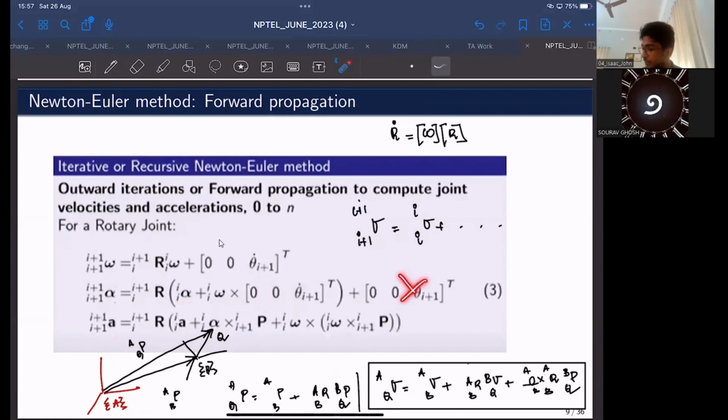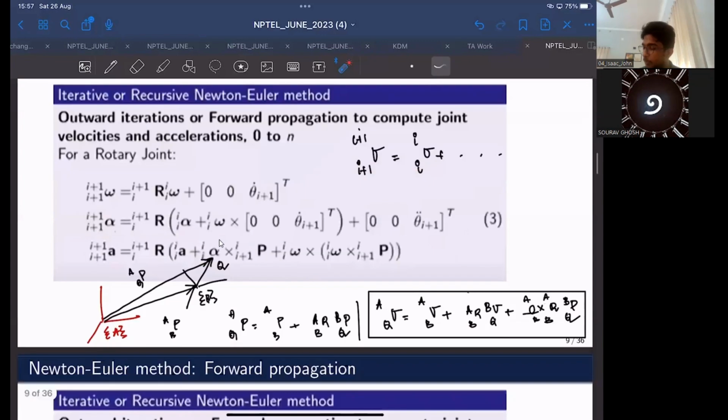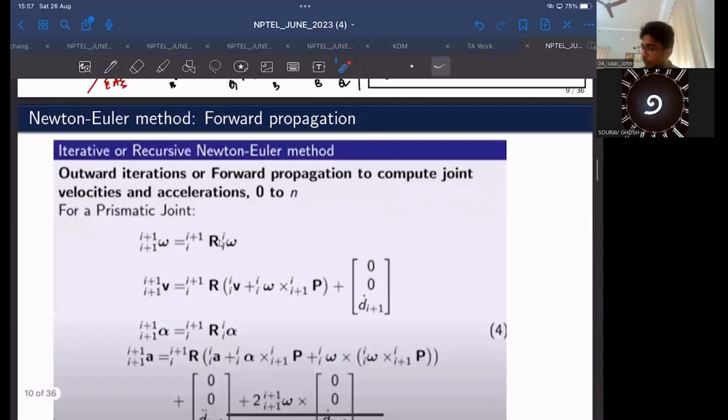But it can have a few more terms, because it has a linear velocity, d i plus 1 dot, and d i plus 1 double dot. So whatever we have shown in this slide is with respect to rotary joints, and this is how it would look for prismatic joints.